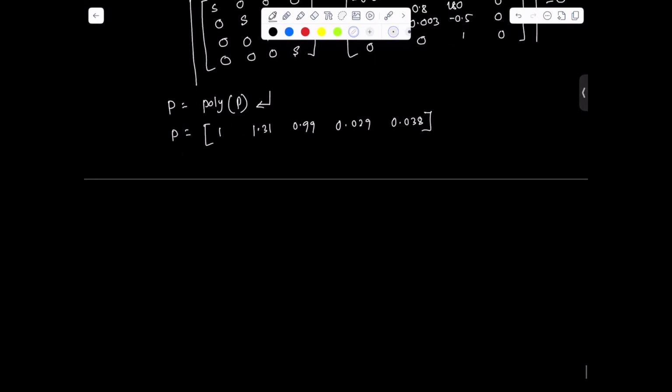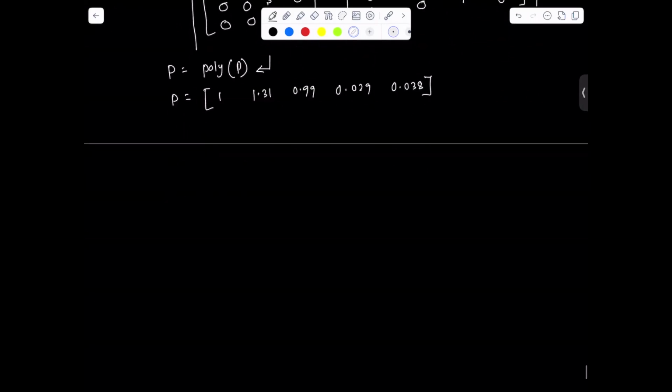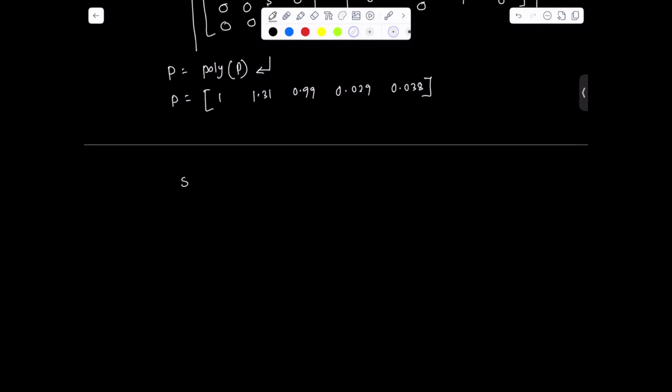And if you use these coefficients, the polynomial equation you get is s to the 4 plus 1.31 s cube plus 0.99 s squared plus 0.029 s plus 0.038 equal to 0.